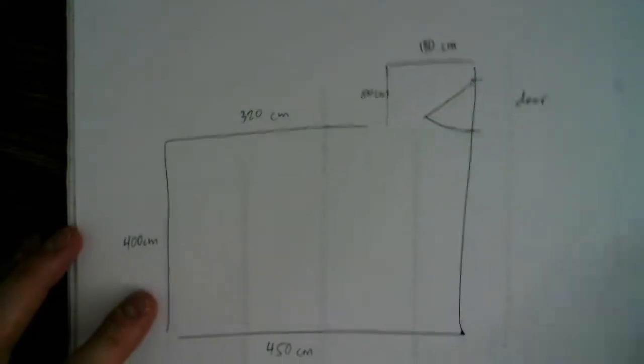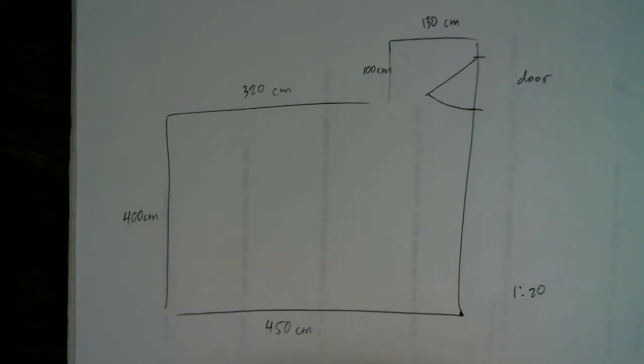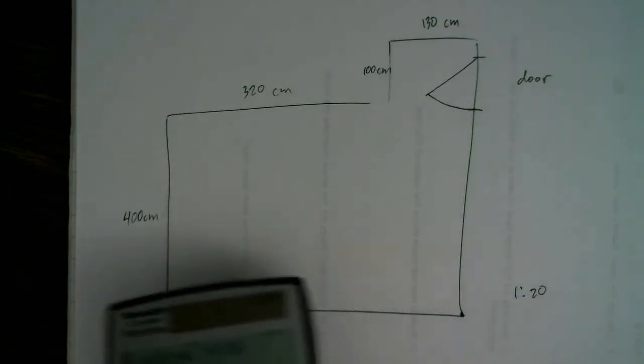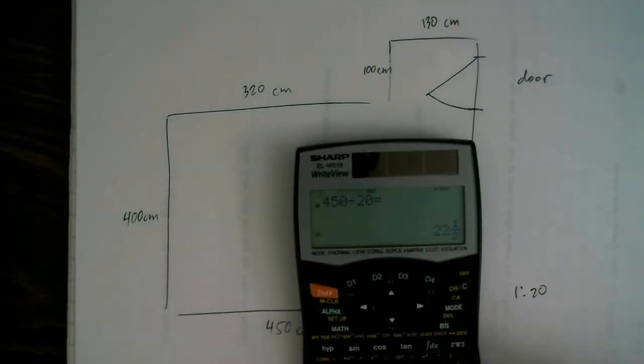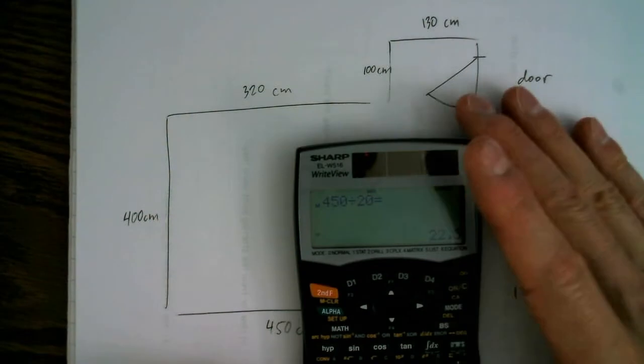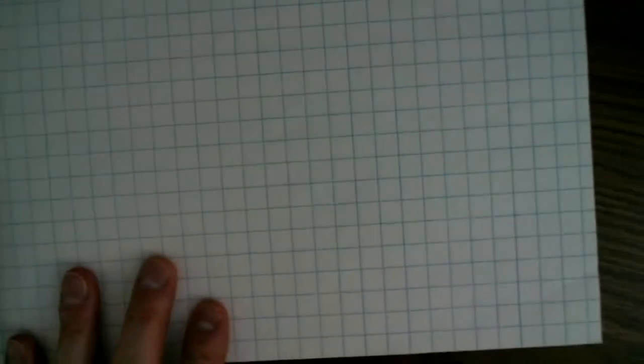So maybe I'll do a 1:20 scale. I'll take this number and divide it by 20, and that will be the dimension I use on my scale drawing. So 450 divided by 20 gives me 22.5. And I have to check the other dimension to make sure that will fit in this direction on my paper.